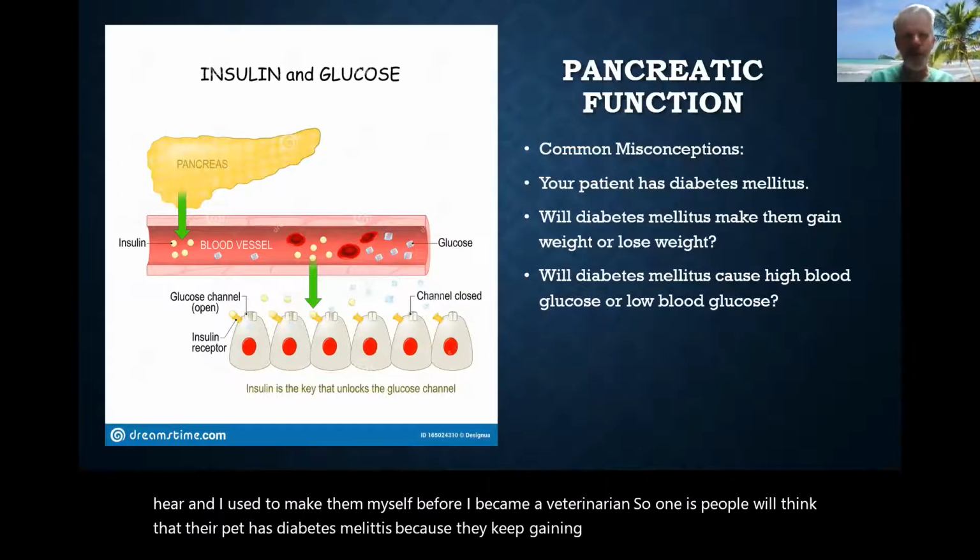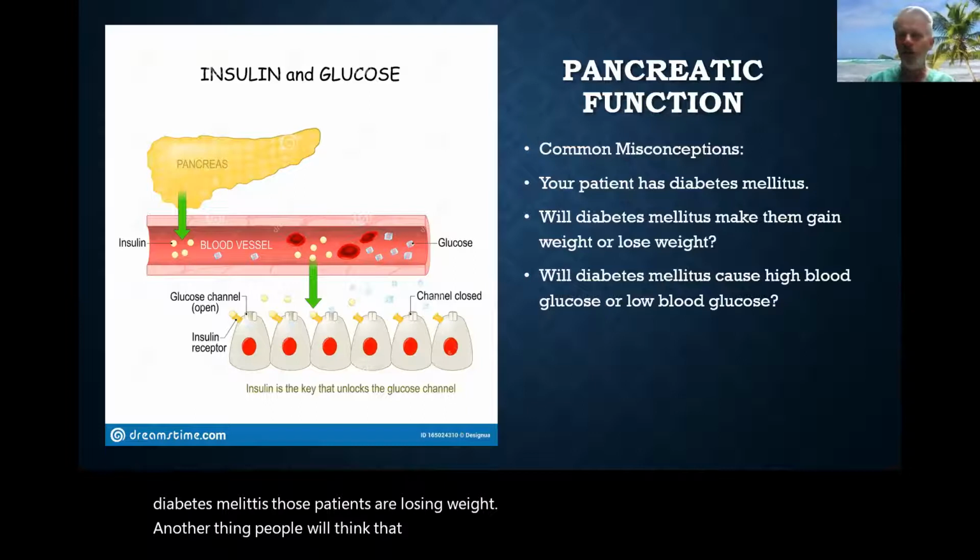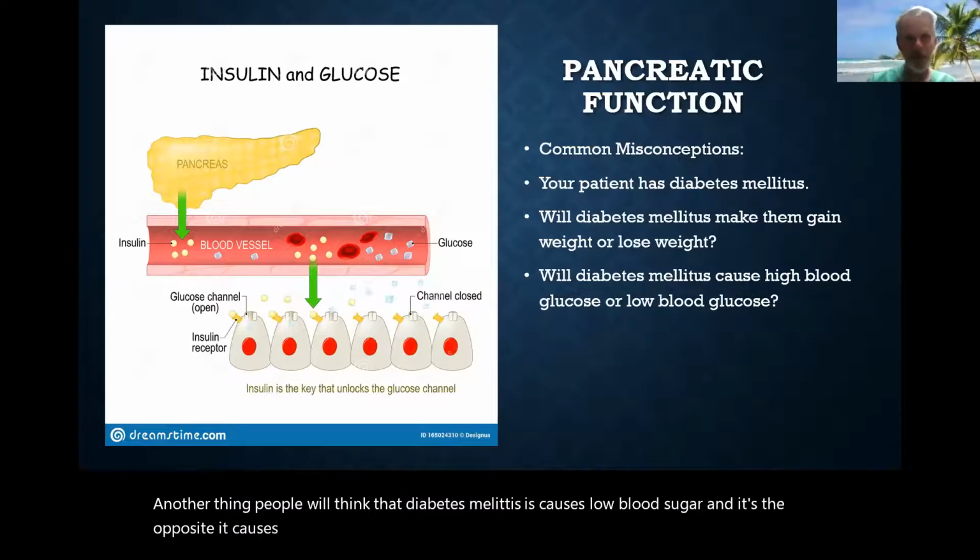Diabetes mellitus patients are losing weight. Another thing people will think is that diabetes mellitus causes low blood sugar, and it's the opposite. It causes high blood sugar. The treatment can cause low blood sugar, right? The insulin treatment, but the disease itself, blood sugar is sky high.